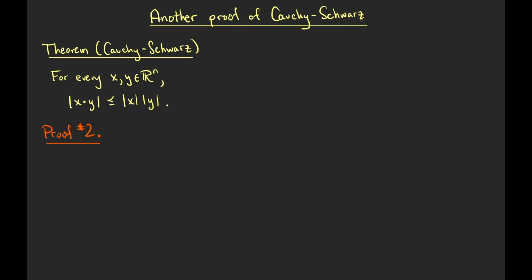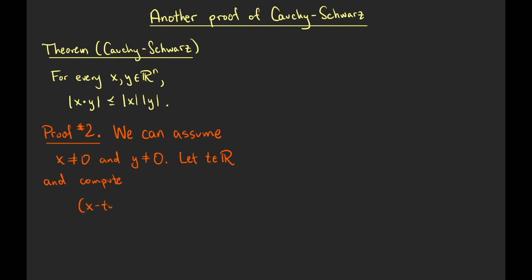The Cauchy-Schwarz inequality is very important, and therefore I want to give you a second proof. This proof is going to be a little bit trickier. We're going to assume that x is not 0 and y is not 0. That's okay, because if one of them is 0, then the inequality is trivially true. Now I'm going to take a real number t, and I'm just going to compute x minus t times y dot x minus t times y. This is bigger than 0, obviously.